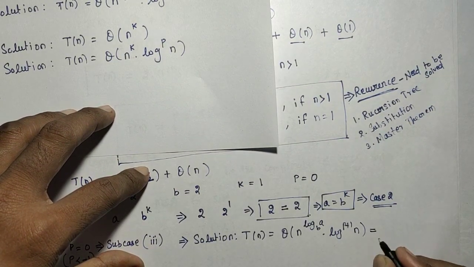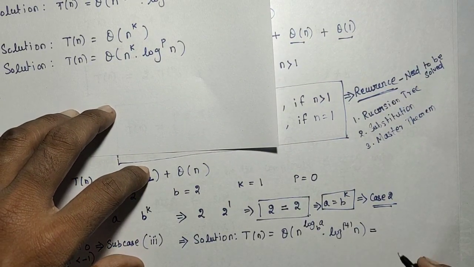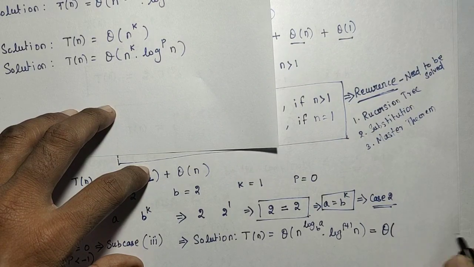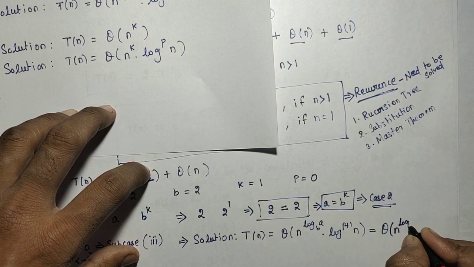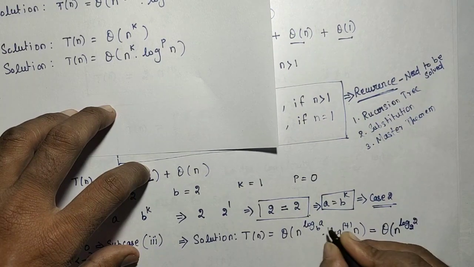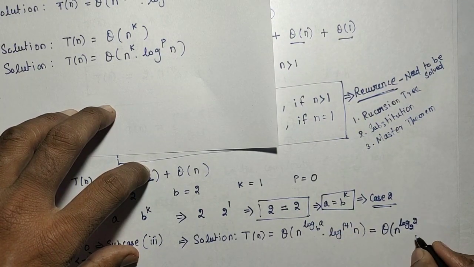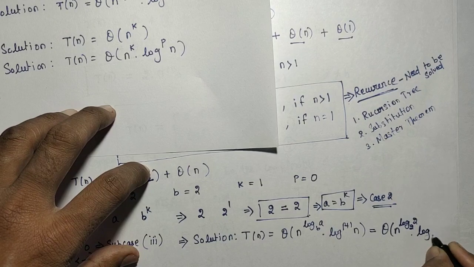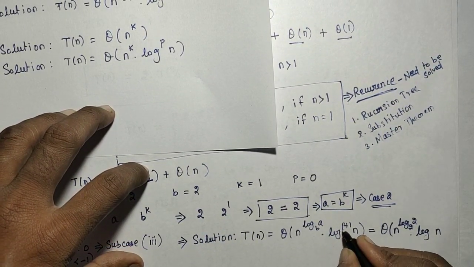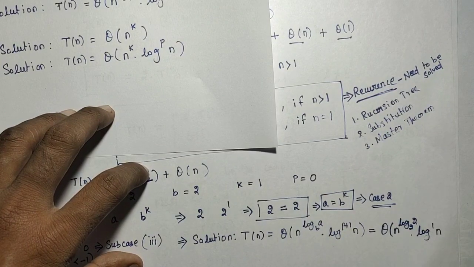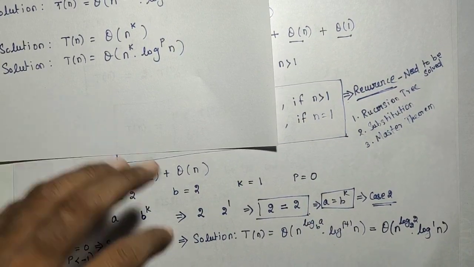If you substitute the a, b, p values here, it will be theta of n power log 2 base 2 into log n, and the power is p plus 1, where p is 0, so that is 1.